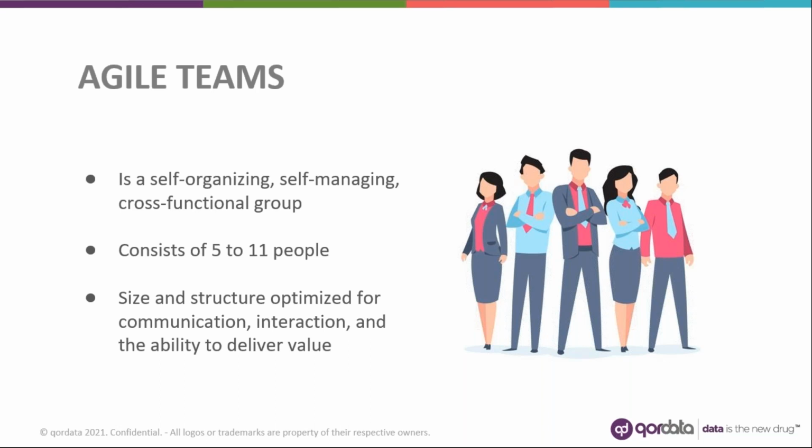They don't understand what finally needs to be implemented. And if you have too many stakeholders giving their ideas for any kind of product development, you are not going to get good product quality. So this number of 5 to 11 people is very important for any Agile team to follow.